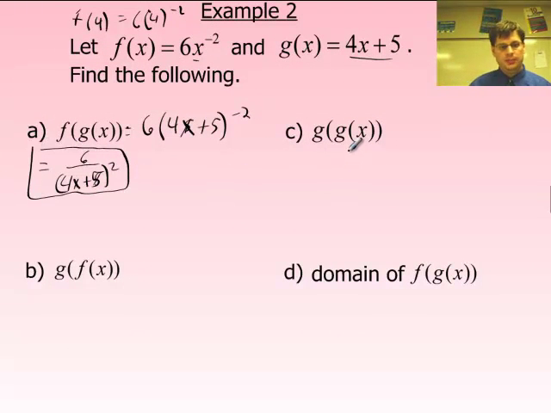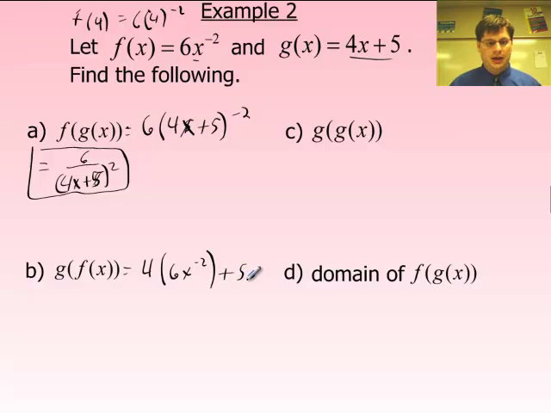In B, now we're going to nest f into g. So we start off with 4, and in place of x, we put in the value of f of x, which is 6x to the negative 2 power, plus 5, like so. Now I'm going to simplify this.